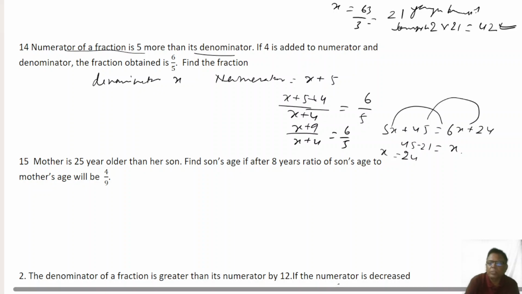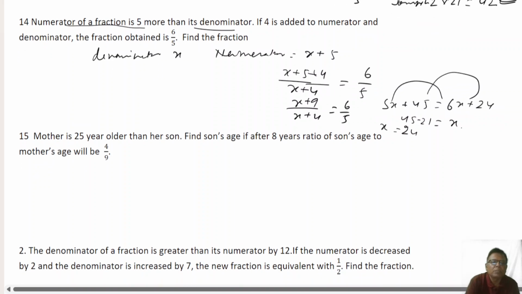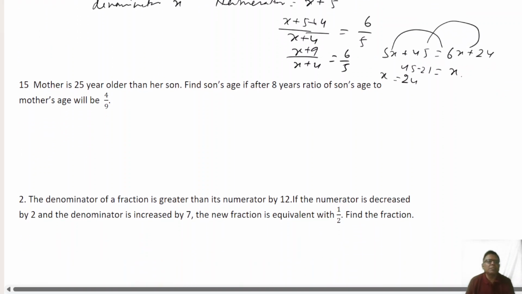Now come to question number 15. It tells that the mother is 25 years older than her son. So let the son's age be x. Then the mother's age will be x plus 25.